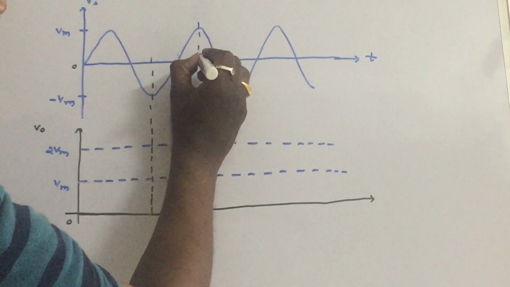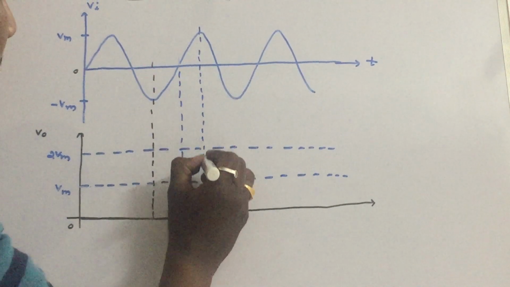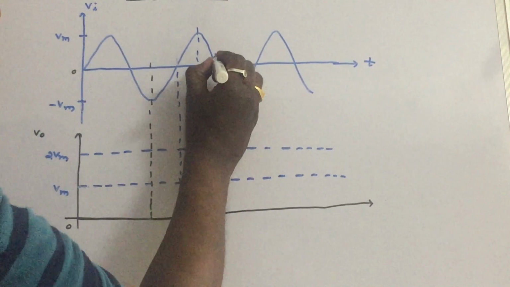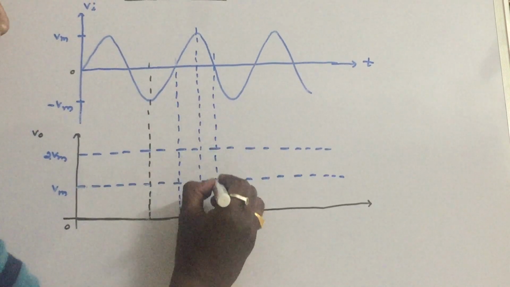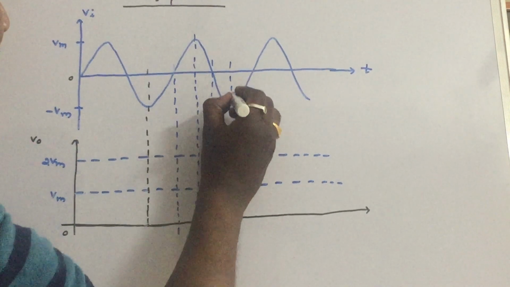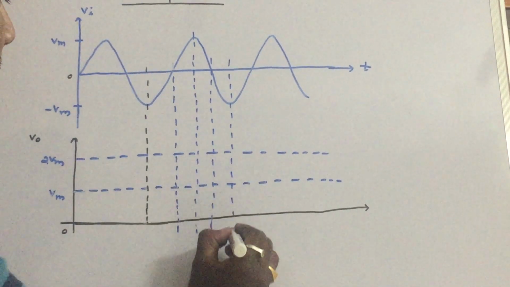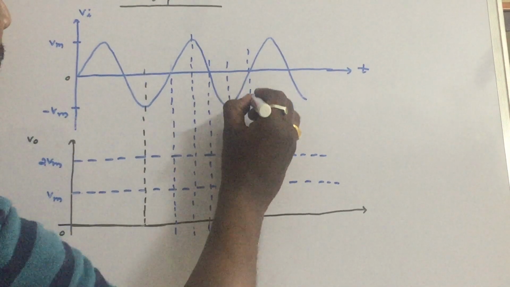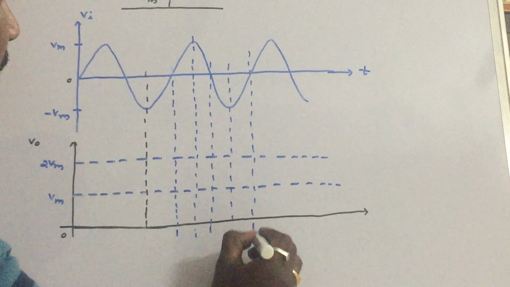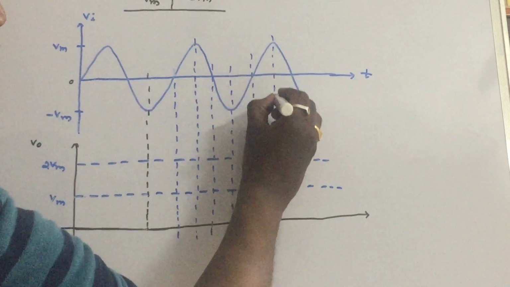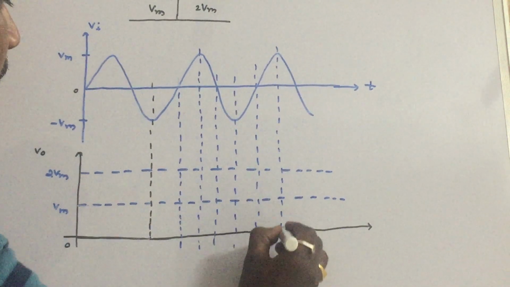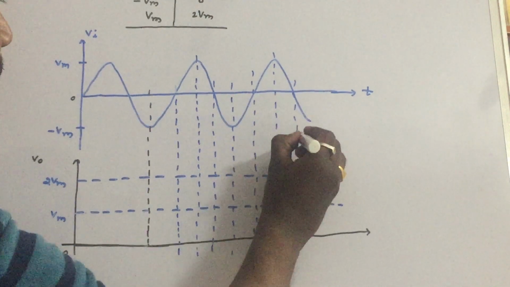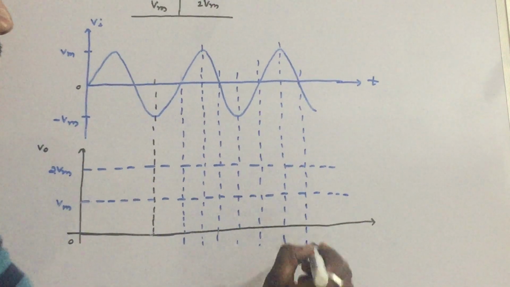This is the positive peak, project downward. This is the 0 value, project downward. This is the negative peak, project.